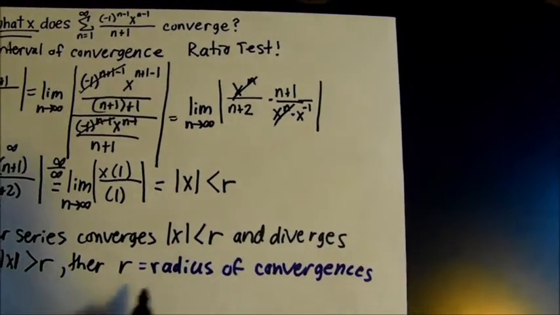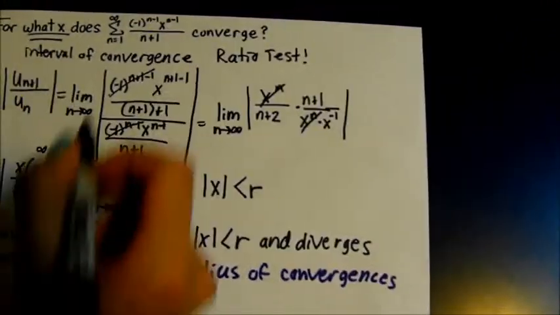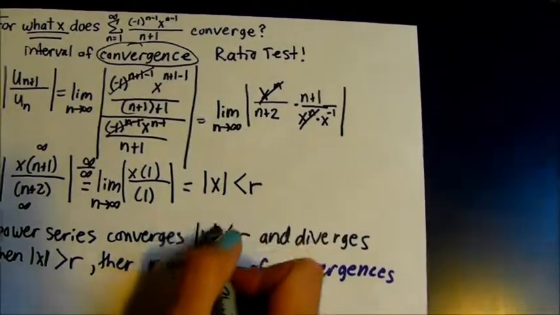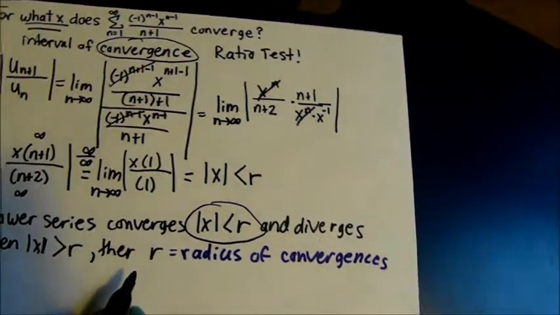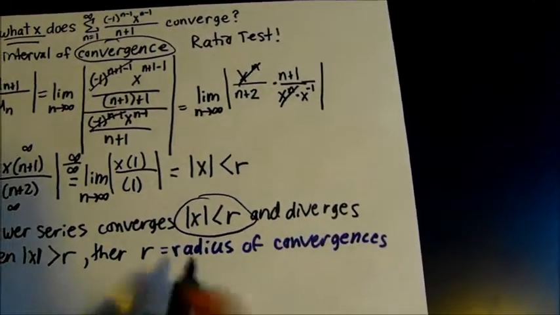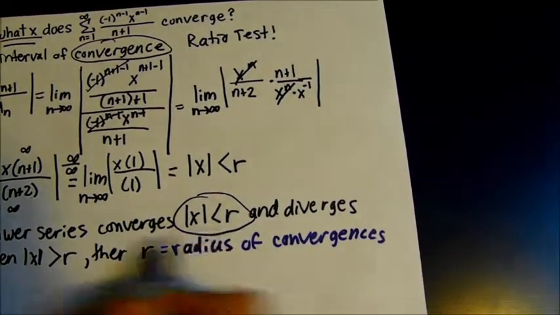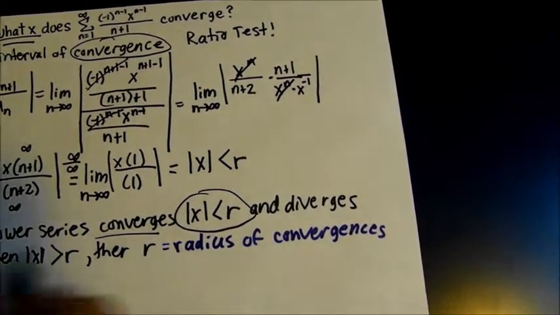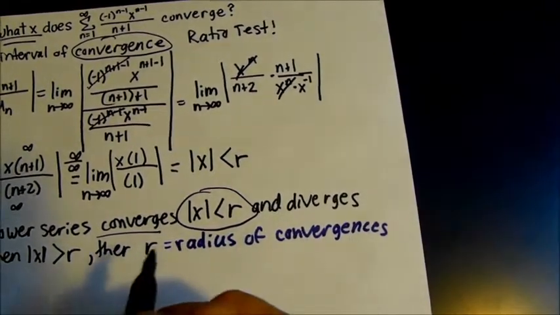So because we want the interval for which it converges, that's kind of where this came from. I'm sorry, I kind of forgot to mention that before. So you're going to use this to find where it converges, and that'll give you your radius of convergence.